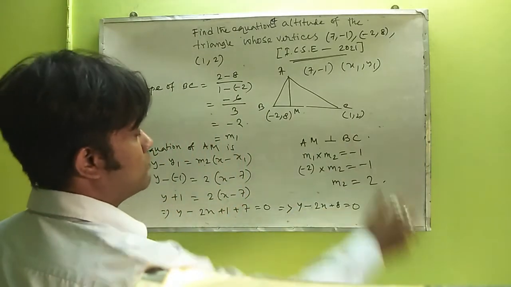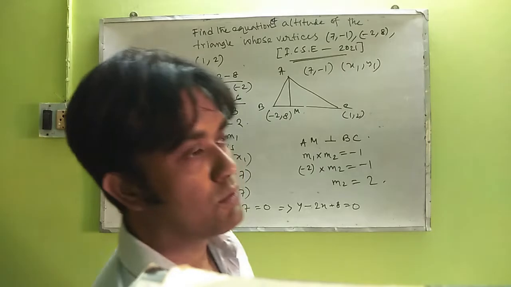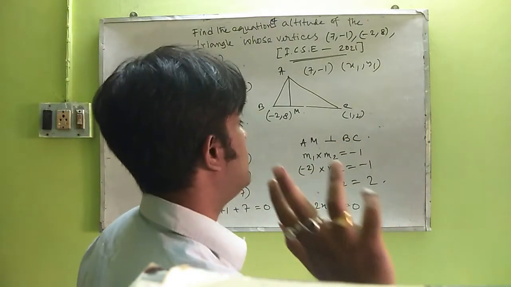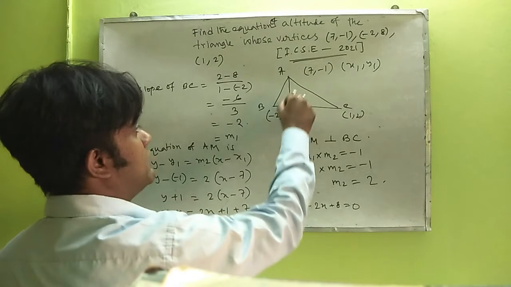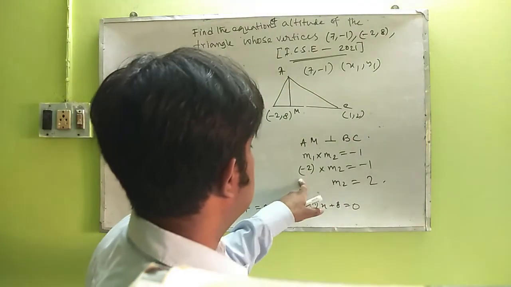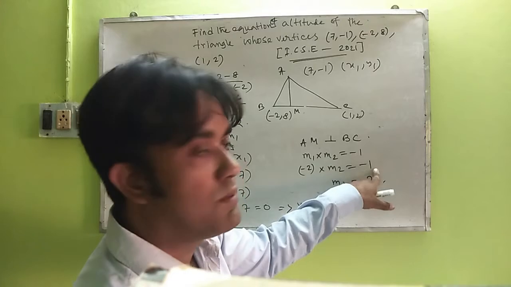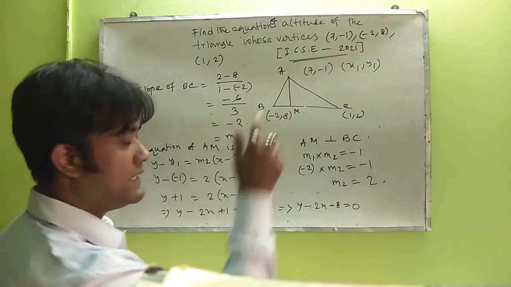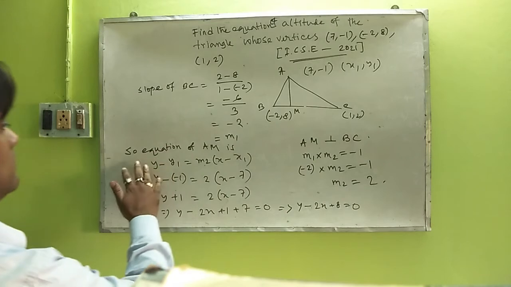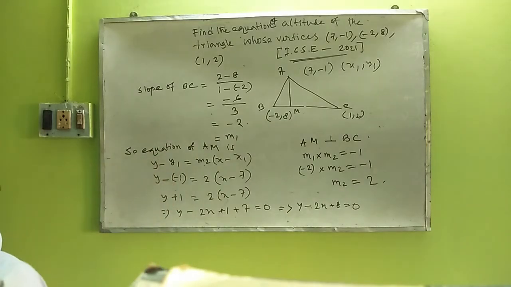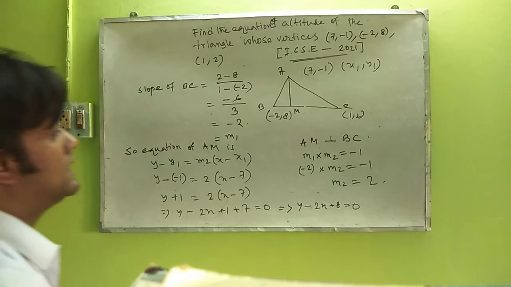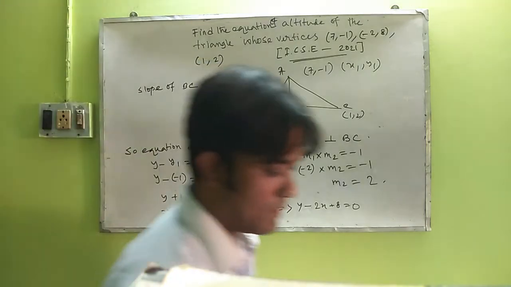Now we apply the perpendicularity condition of two perpendicular straight lines, which is m1 into m2 is equal to minus 1. That is minus 2 into m2 is equal to minus 1. Here m1 is equal to minus 2, so m2 will be 2. Now we calculate the equation of AM: y minus y1 equals m2 into x minus x1.